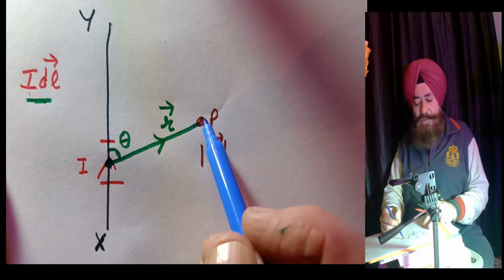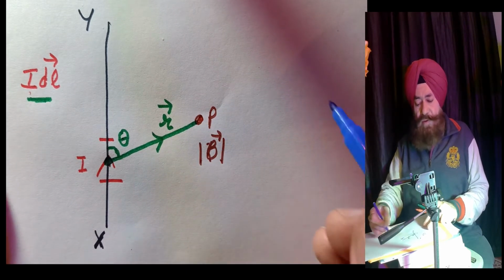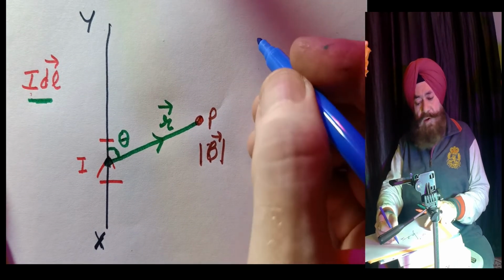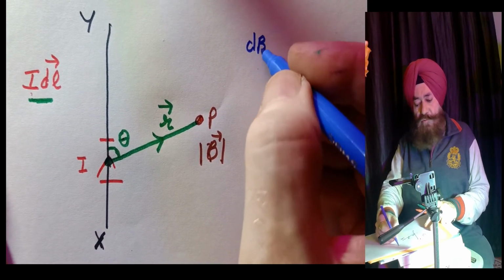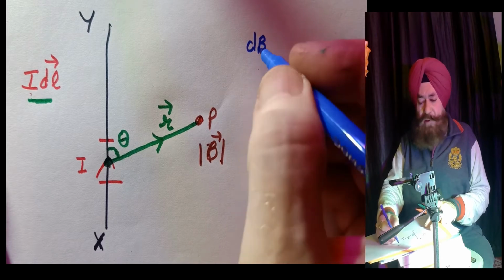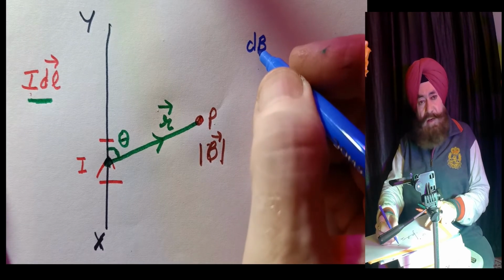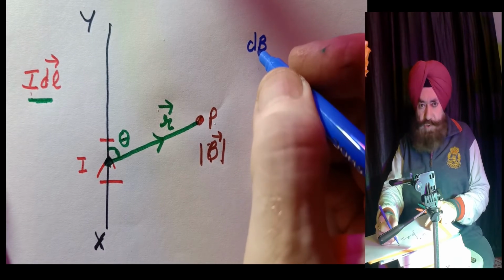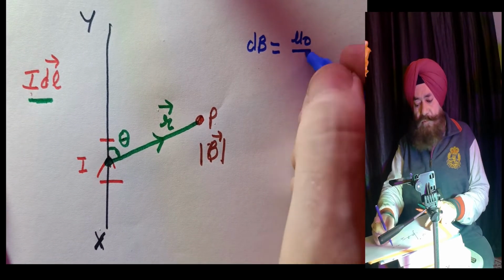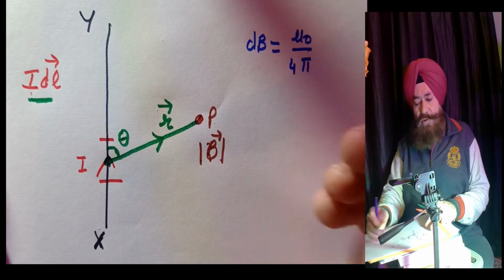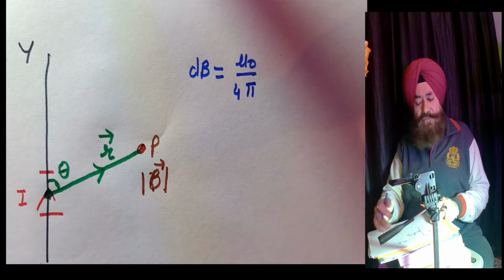Now, the magnetic field here is very simple. How? Using the Biot-Savart law. You know very well what the Biot-Savart law is. I am writing the magnetic field in magnitude, and it is equal to mu naught upon 4 pi. You know what mu naught over 4 pi is?